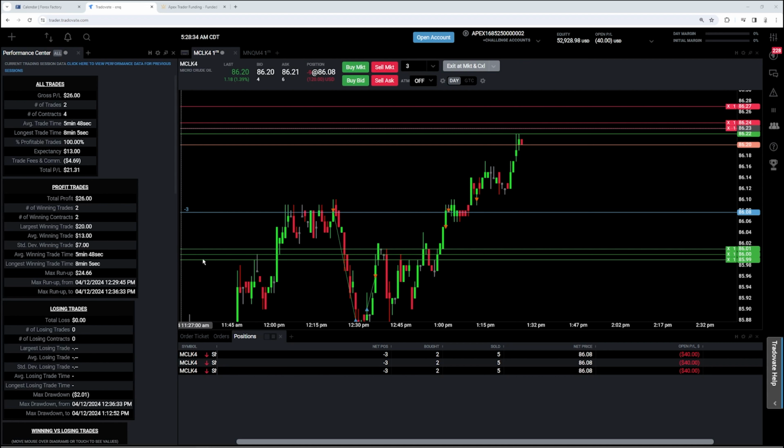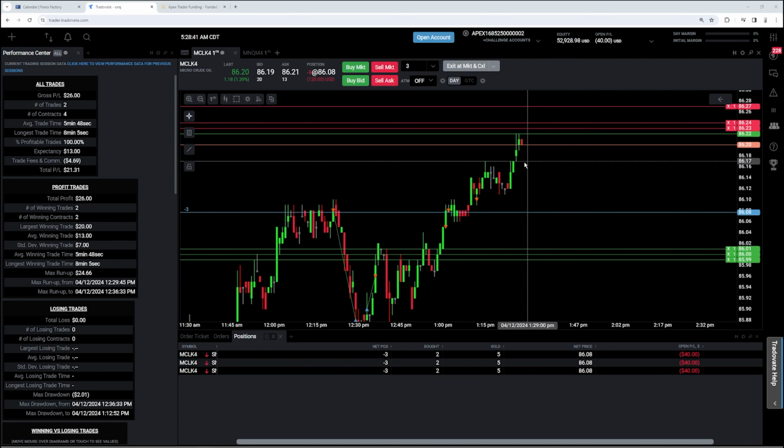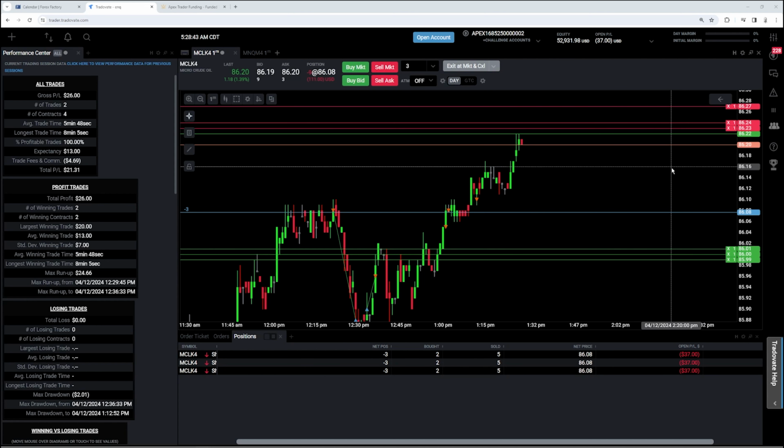So those are kind of what I call the last resources of trades. There is a very specific reason again why those trades will be added all the way up there.